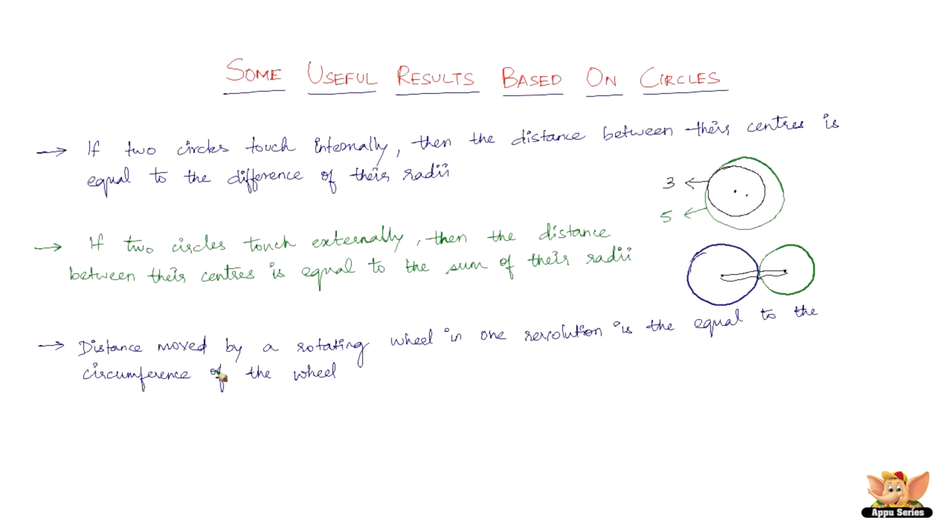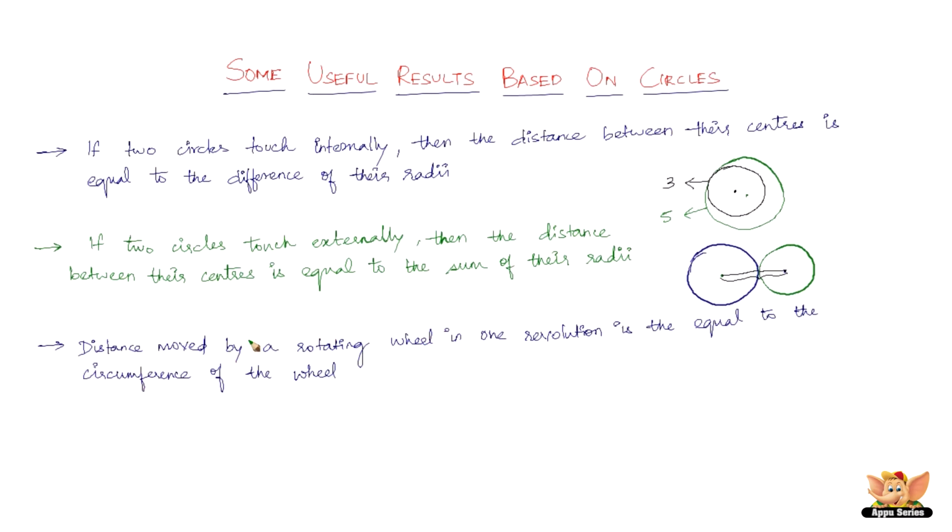So that is what this is all about. So if you need to find out the distance moved by a rotating wheel in one revolution, all you have to know is the radius of the wheel and use that data to find the circumference of the wheel, and the circumference of the wheel is going to be the distance that the rotating wheel moved in one revolution. So that's what this result is all about.